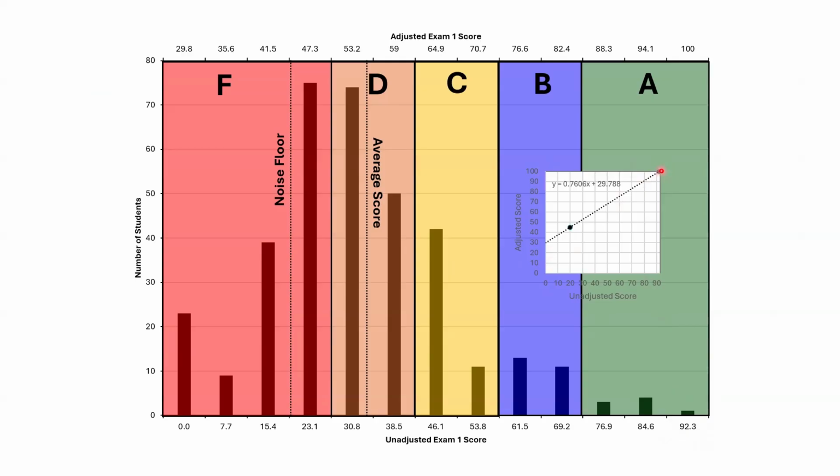The scaling adjustment is then linear between those 2 points, and it gives you a linear function that tells you how to take your unadjusted score and convert it into your adjusted score, which shows up here.